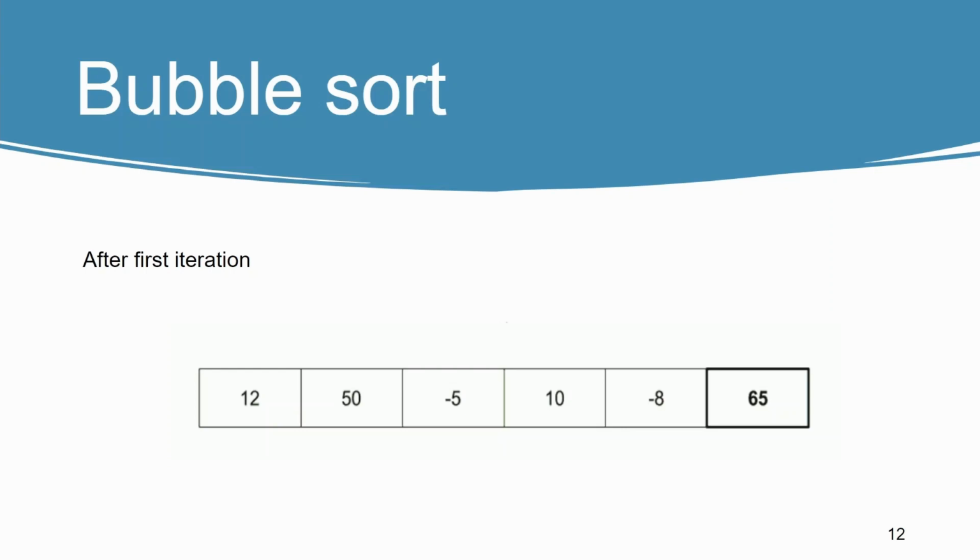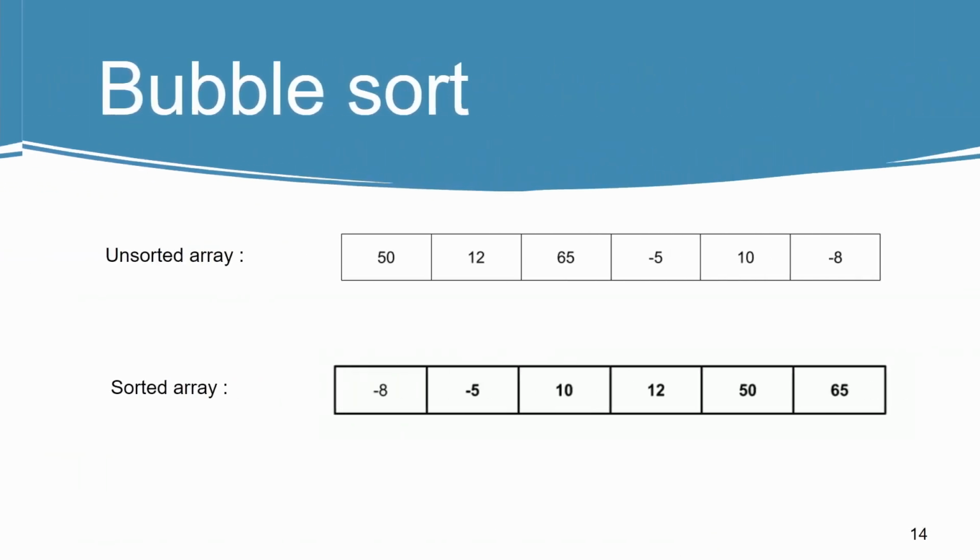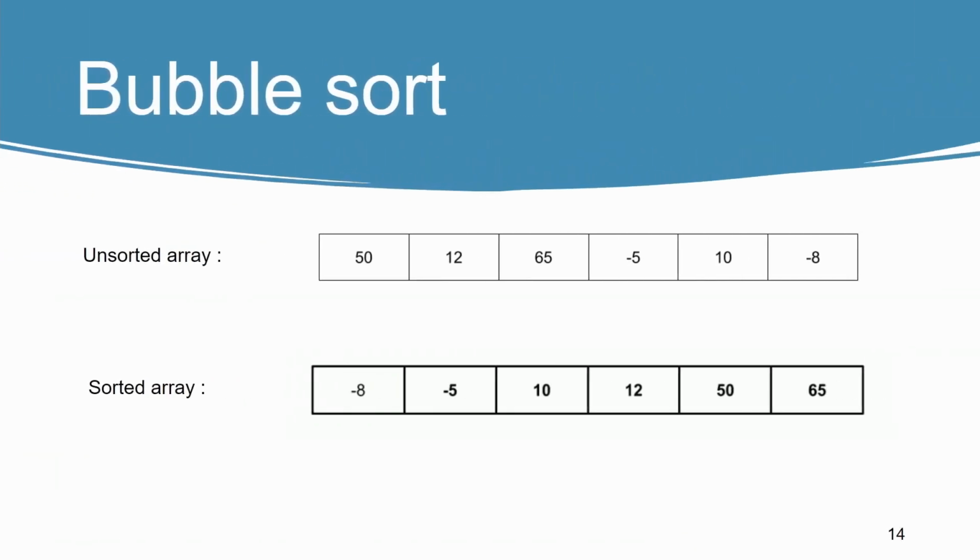This ends our first iteration and similarly we come to the second iteration. In the second iteration it is visible that 50, being the second largest number, comes to the second last index, then 12, being the third largest number, comes to the third last index, and similarly 10 is compared with -5 and -8 and it comes to the fourth index, and similarly -5 and -8 are compared and we finally get a sorted array.